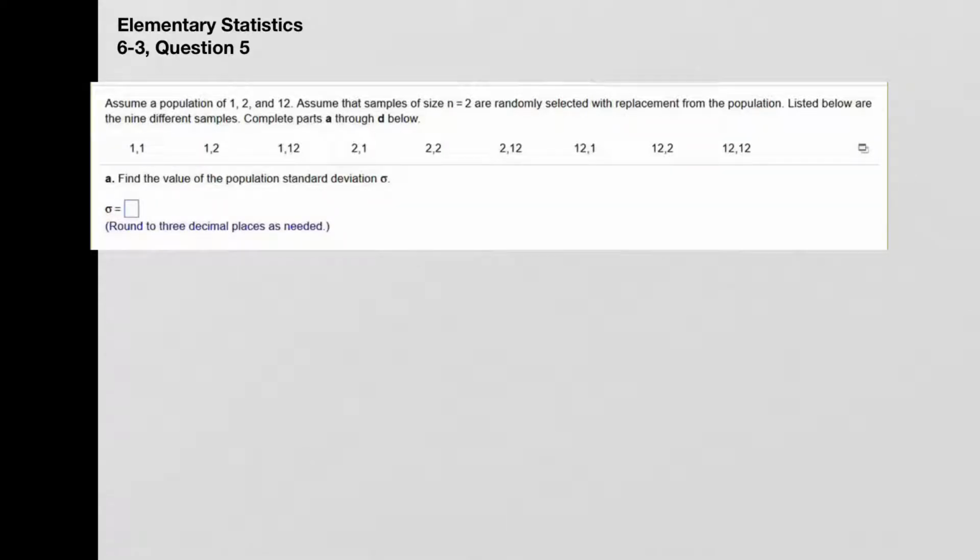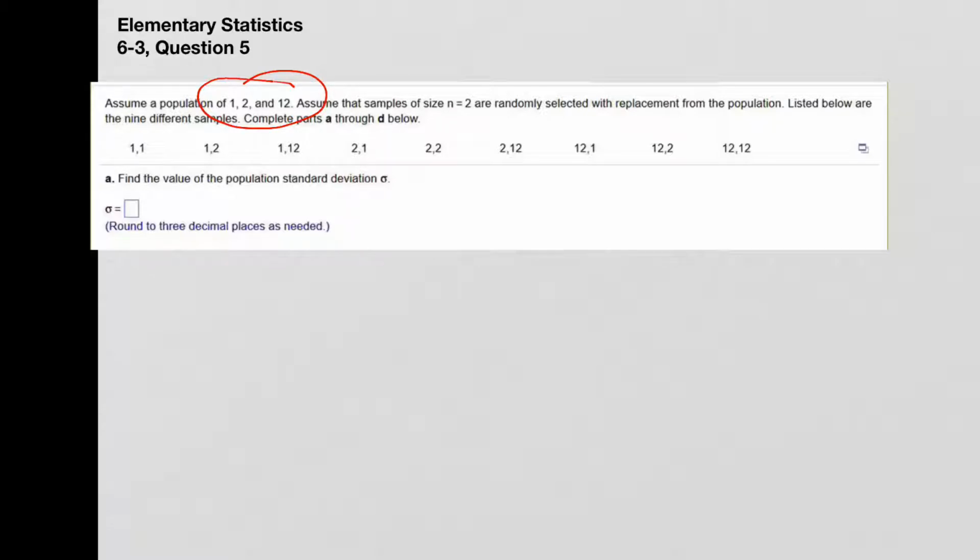In this problem, we're looking at the sampling distribution of the standard deviation. In part A, it asks us to find the value of the population standard deviation sigma for our population, which is a very small population, just the numbers 1, 2, and 12.